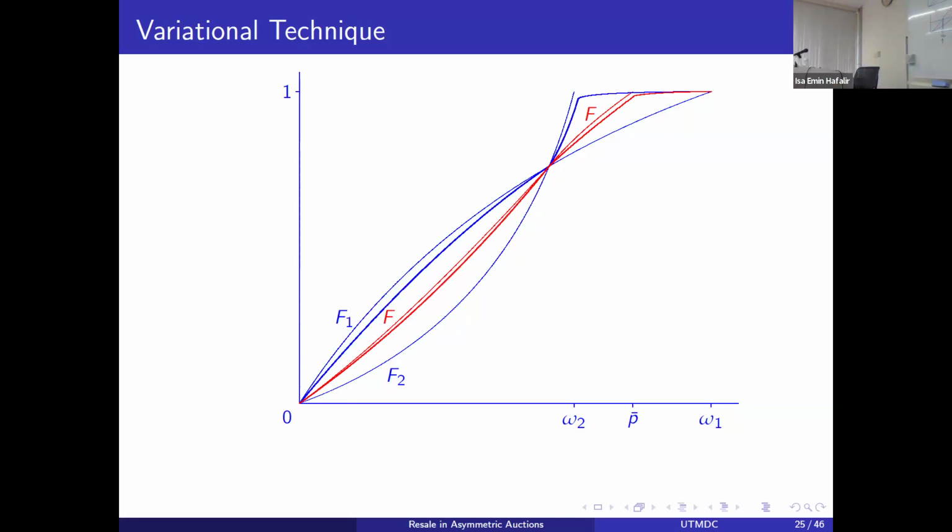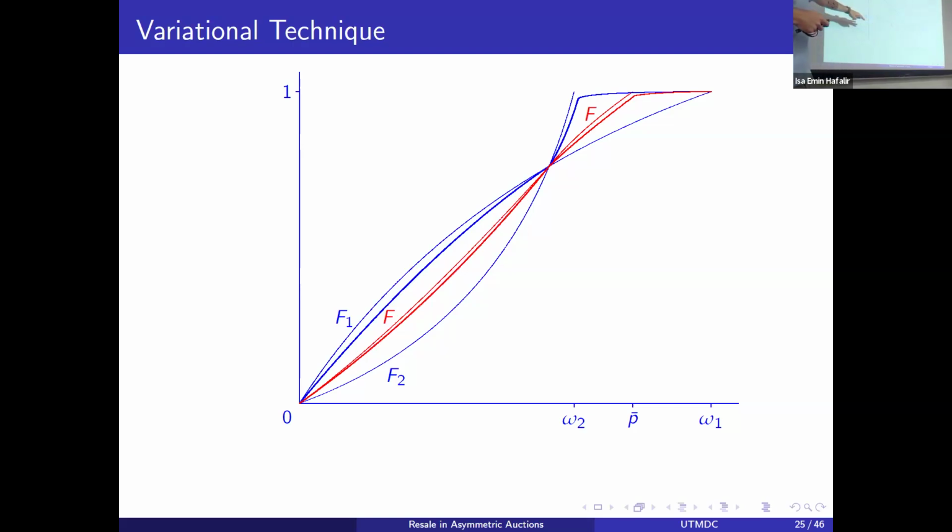If you can show that once you do this perturbation, the revenue difference between first price auctions with resale and second price auctions with resale decreases monotonically, with a negative derivative with respect to epsilon, then we know that at the end it's going to be 0 because they are the same. F1, F2 and F coincide. That means if the derivative is negative, then for all other values it's going to be positive, and therefore the first price auction with resale will have a higher expected revenue than the second price auction.